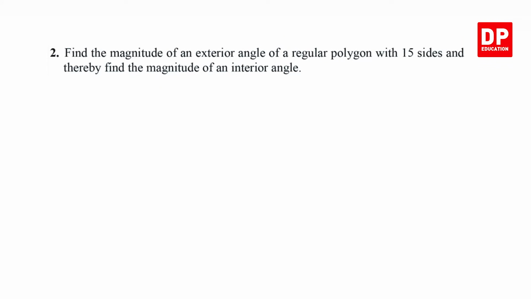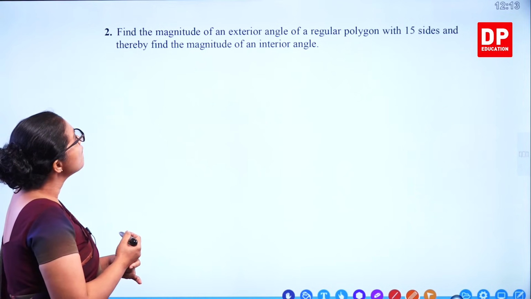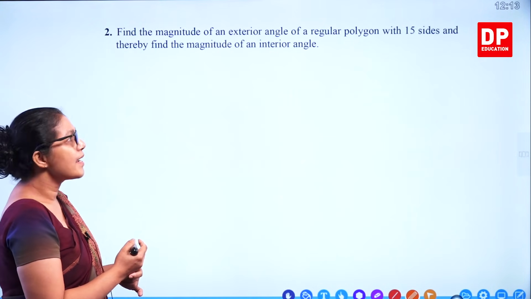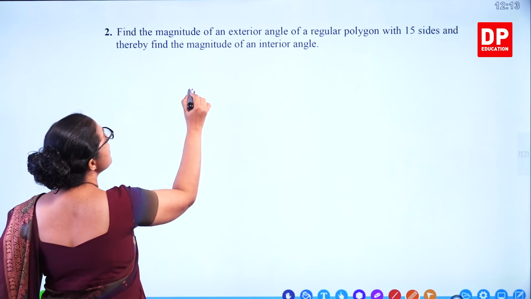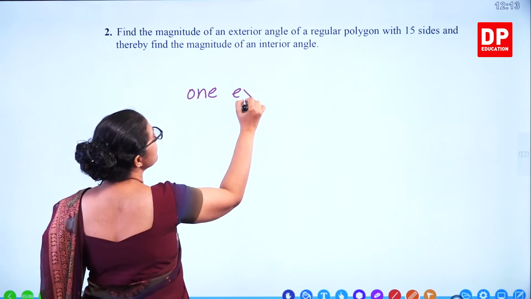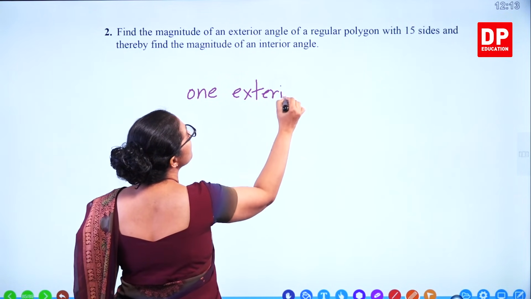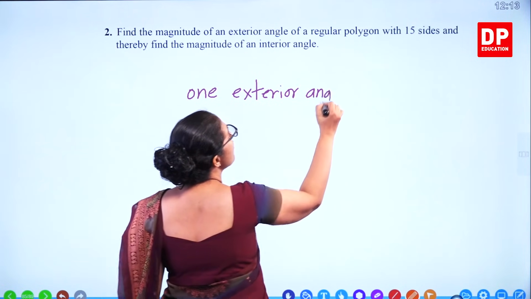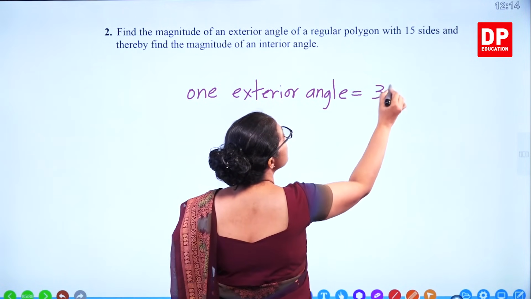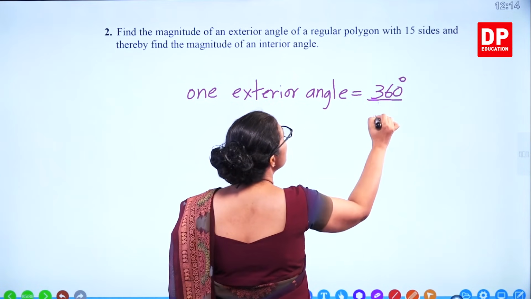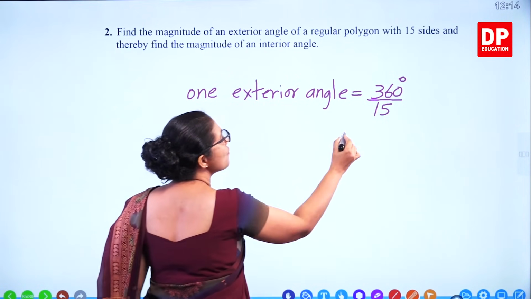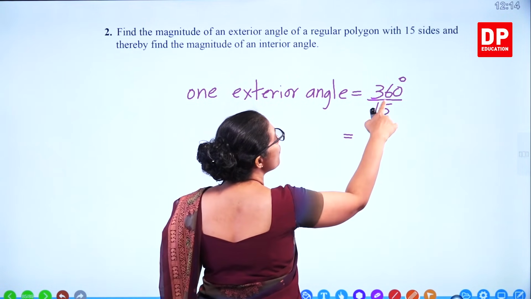Find the magnitude of an exterior angle of a regular polygon with 15 sides and thereby find the magnitude of an interior angle. So what is one exterior angle? Straight away you can find using 360 divided by 15. So 15 times 2, 30.